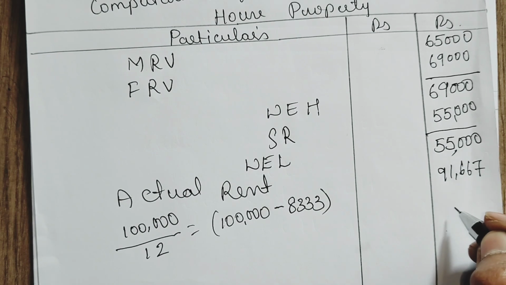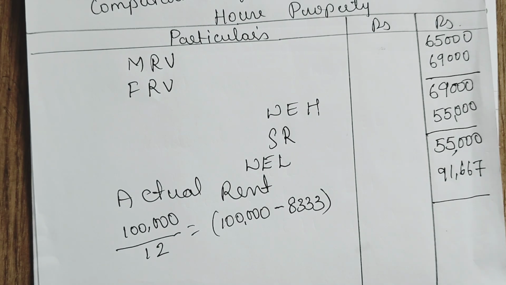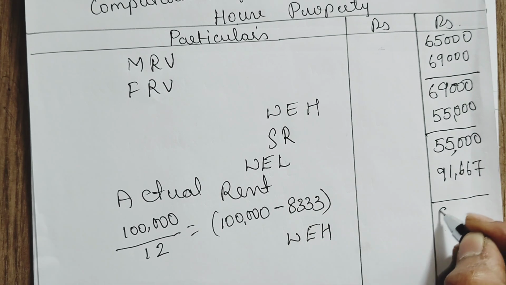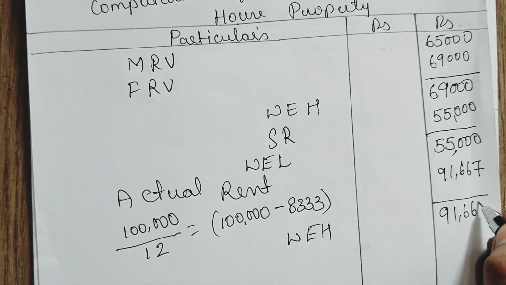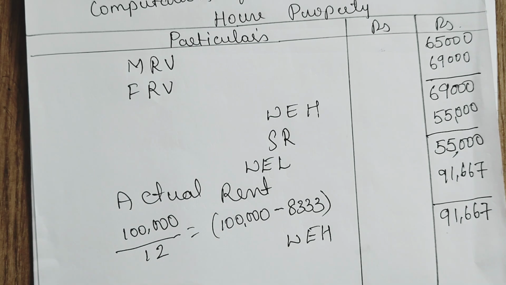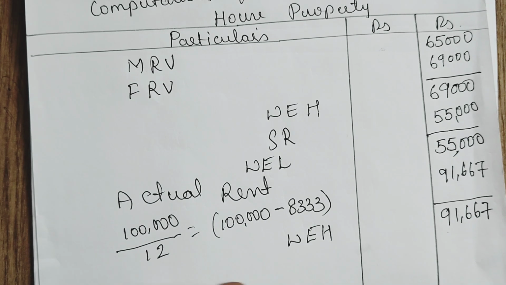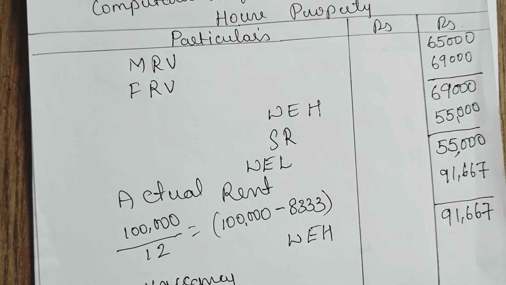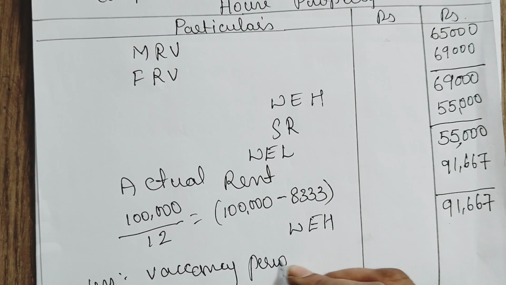Then we will get 91,667. By comparing these two, whichever is higher we are considering. Which is the higher one? 91,667 is the higher amount. Now from this amount you have to deduct the vacancy period, less vacancy period. Vacancy period is 3 months.